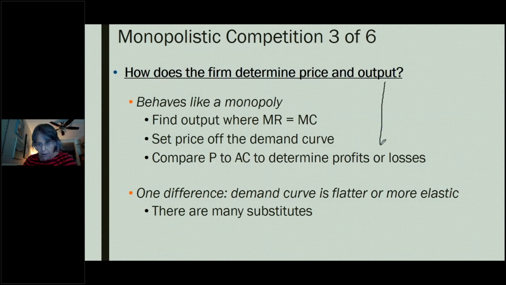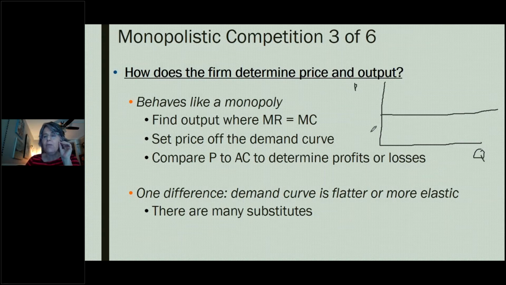So if you have a perfectly competitive market, it's a perfectly elastic demand curve. Perfectly elastic means that if you change your price by even a few cents, your demand will go from pretty much all you could sell to 0. This is a perfectly elastic demand curve.